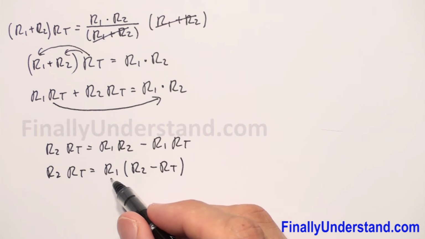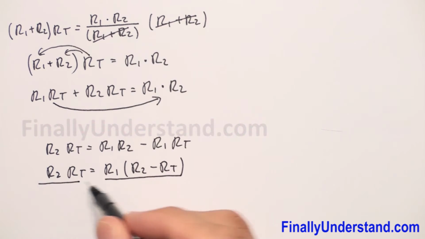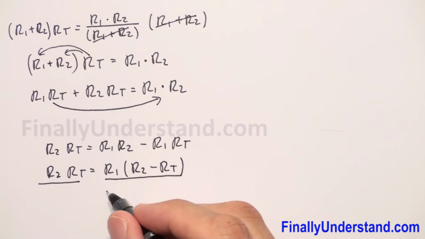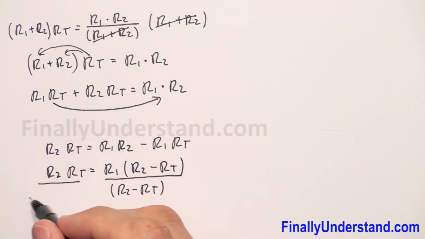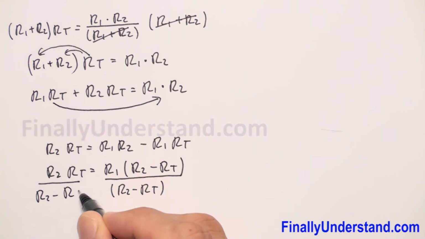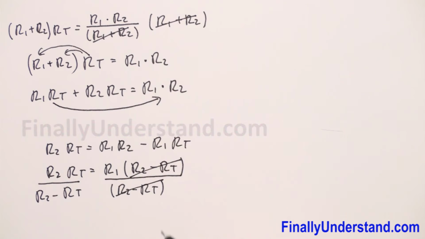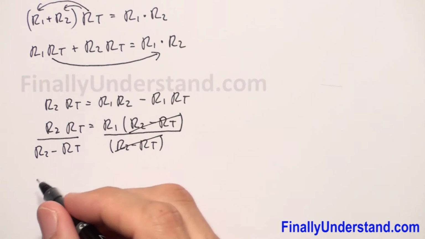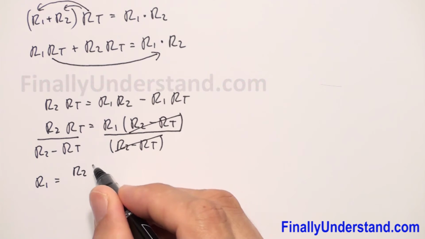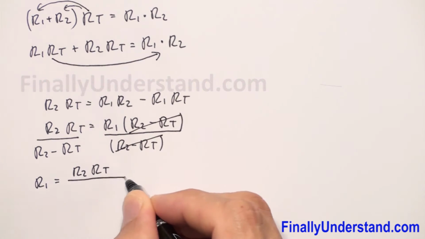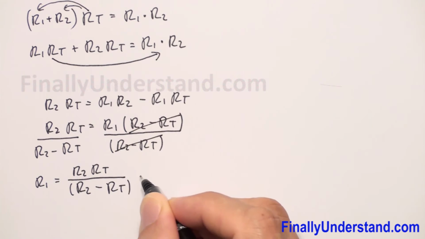Okay, in order to find R1, I have to divide both sides of my formula by the content of the parentheses. So I have R2 minus RT, and I have R2 minus RT. So this and this will cancel out, and I have R1 is equal to R2 times RT over R2 minus RT.